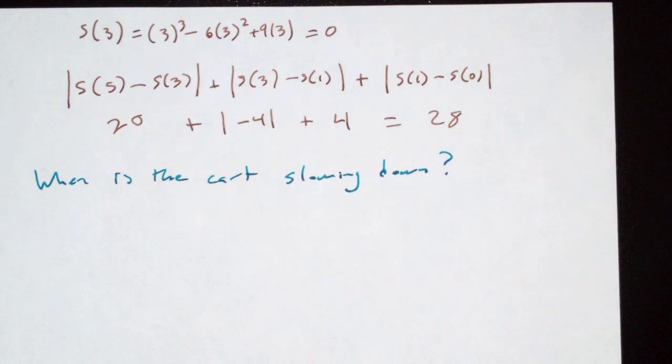If it came to a stop at 2 different points in time, it had to be slowing down at some point. How do I know when an object is speeding up versus when it's slowing down?